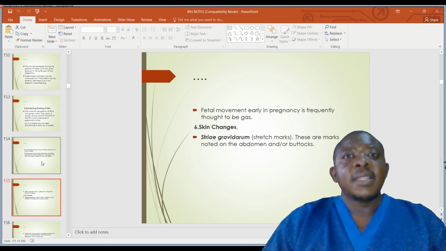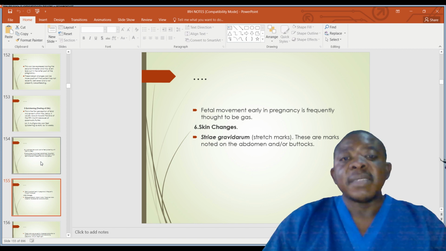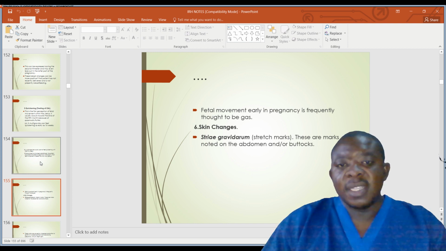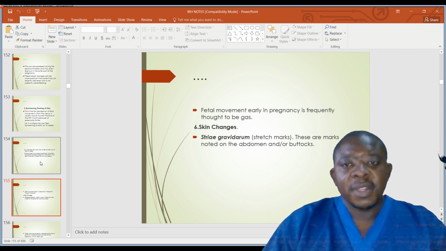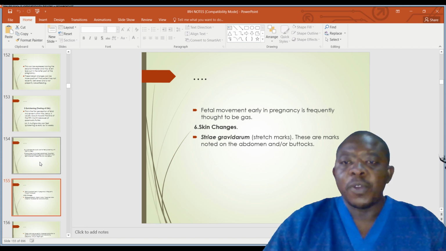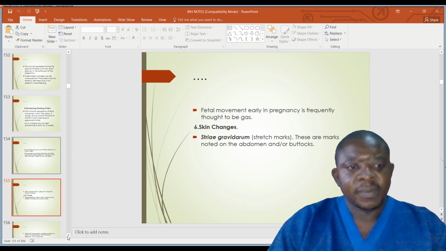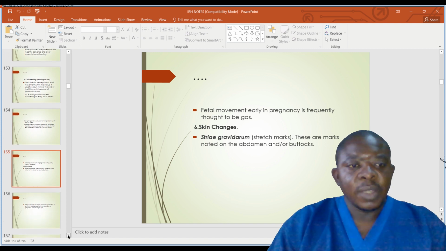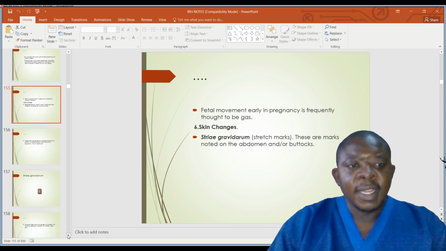The sixth presumptive sign and symptom is skin changes. Stria gravidarum or stretch marks. These are marks noted on the abdomen or the buttocks. So there will be what we call stria gravidarum.